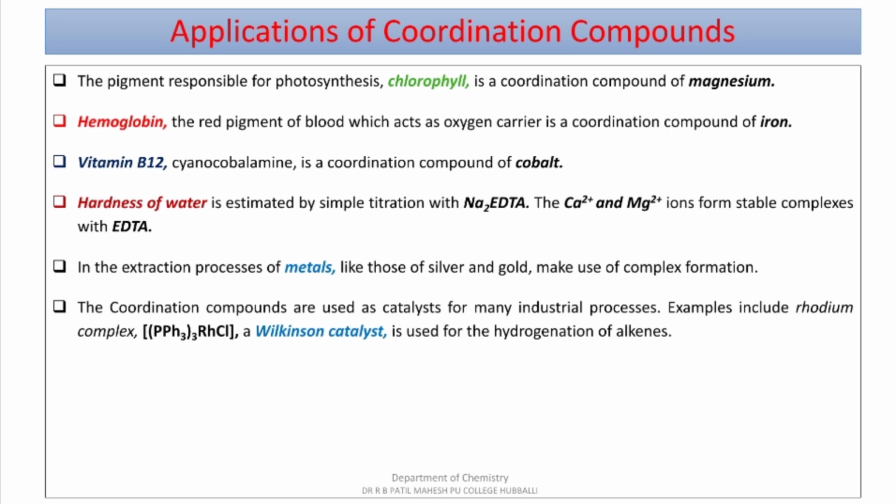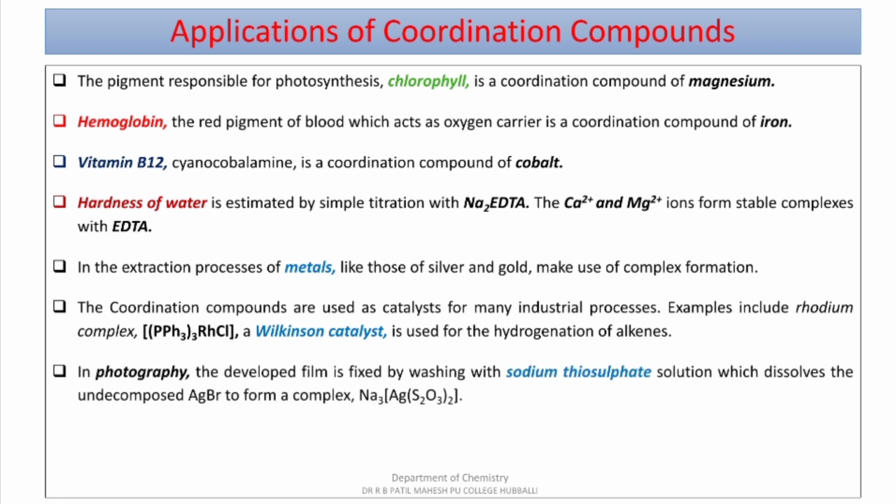The coordination compounds are used as catalysts for many industrial processes. For example, the rhodium complex [RhCl(PPh3)3]. The name of the complex is chloridotris(triphenylphosphine)rhodium, a Wilkinson catalyst, which is used in the hydrogenation of alkenes.